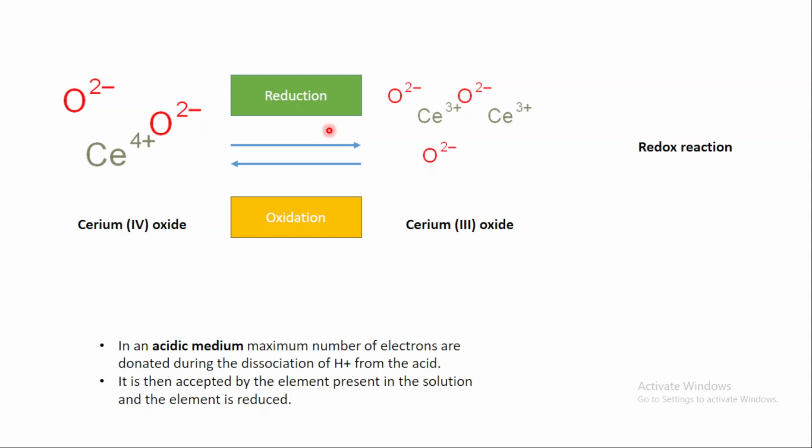So in an acidic medium, whenever there is dissociation of H plus from the acid, the maximum number of electrons get donated, and these will get absorbed by Ce4 plus, turning it into Ce3 plus. So the answer is, in acidic medium, Ce4 plus can convert into Ce3 plus.